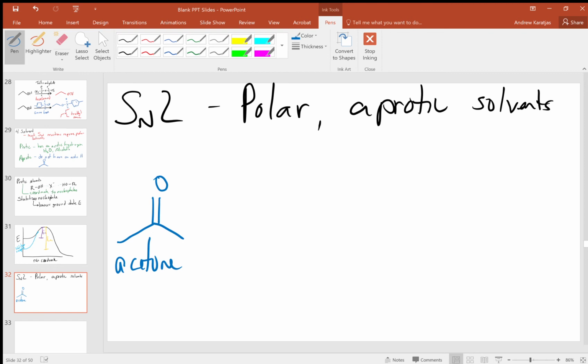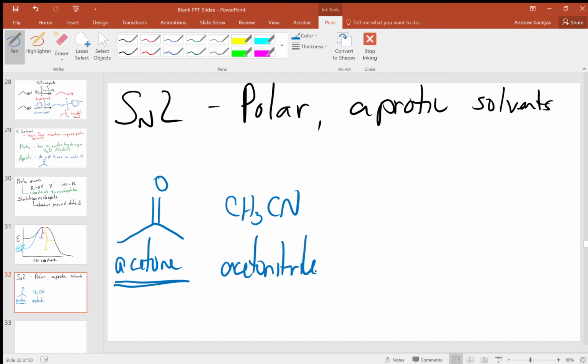And in that experiment, we use acetone for the trials where we want to favor SN2. CH3CN or acetonitrile is another common solvent that's good for SN2. The next one that I'm going to draw is actually one of the best solvents out there for SN2, but we don't use it anymore.